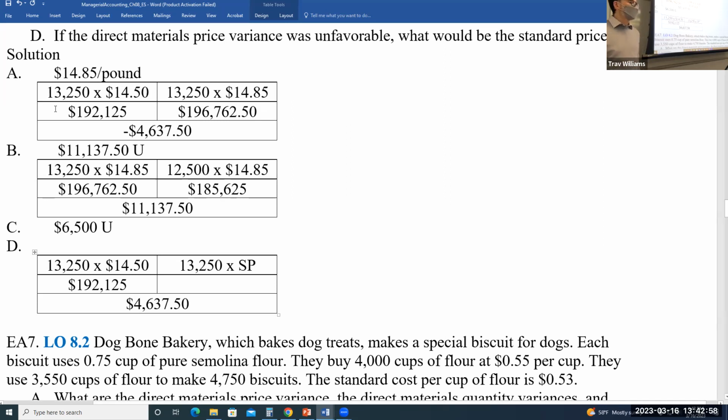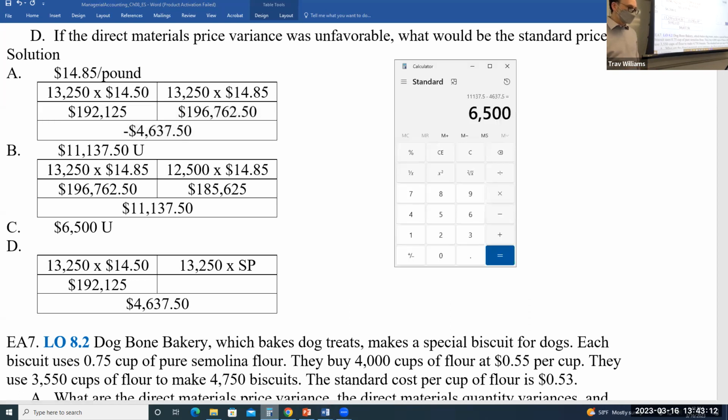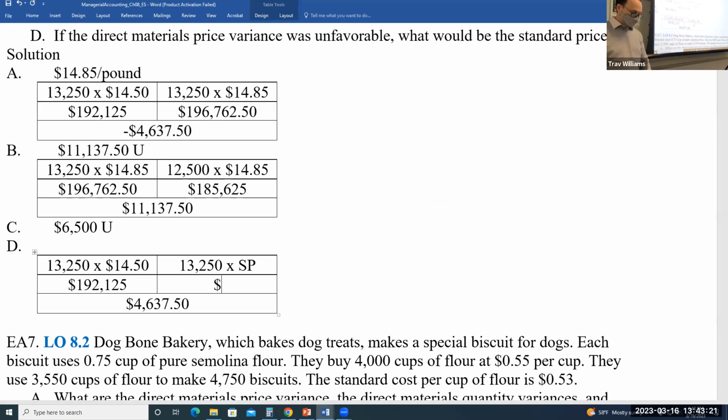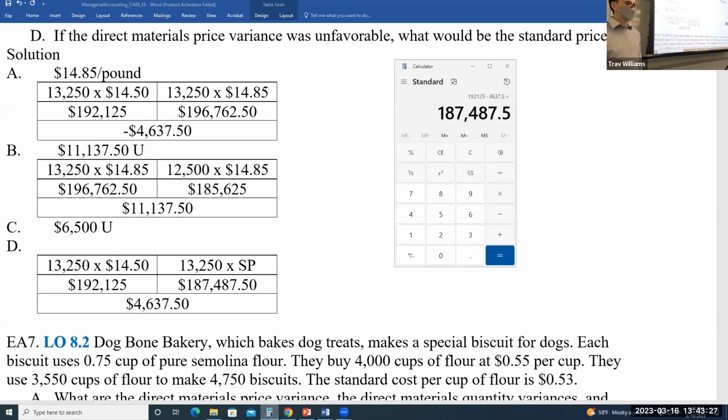So remember what we had to do up here is we had to add that amount. So this time, since it's a positive number, we'll have to subtract it. And if that doesn't make sense to you, I'll explain in just a moment. Okay, so why are we subtracting here?